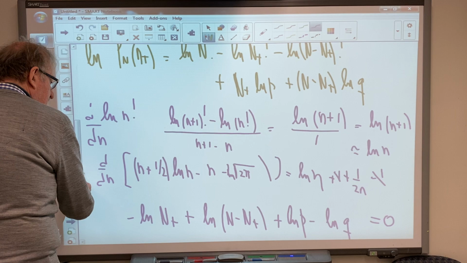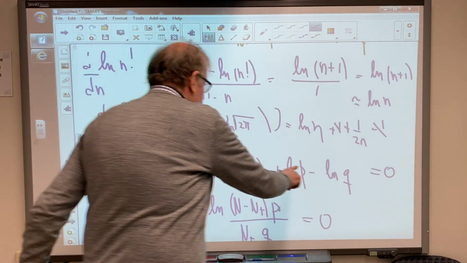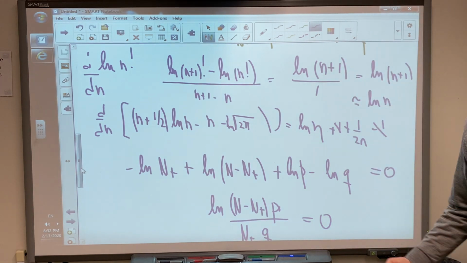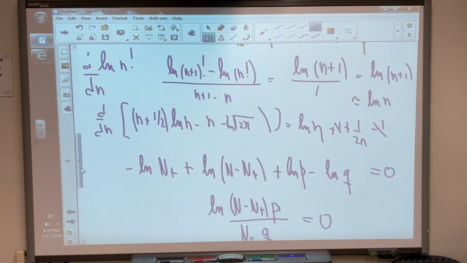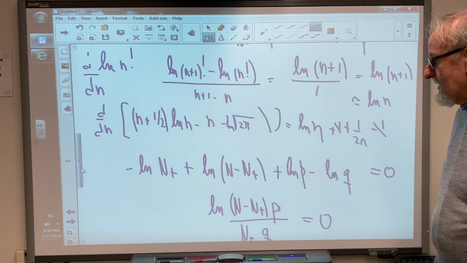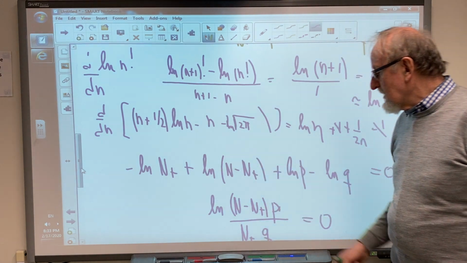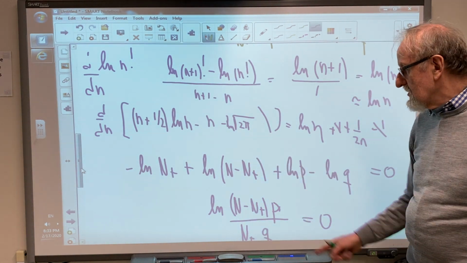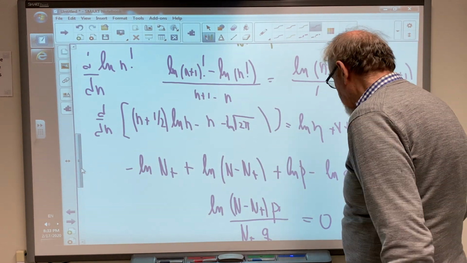Okay, let me calculate here. This is the first derivative, right? So I need one more derivative with respect to n plus. This is 0, this is 0. I got minus 1 over n plus, and 1 over n minus n plus with the minus sign, because I have this minus, is minus 1 over n minus n plus.